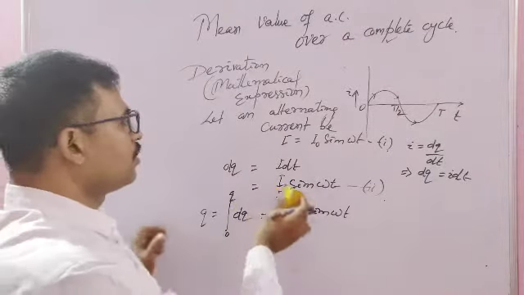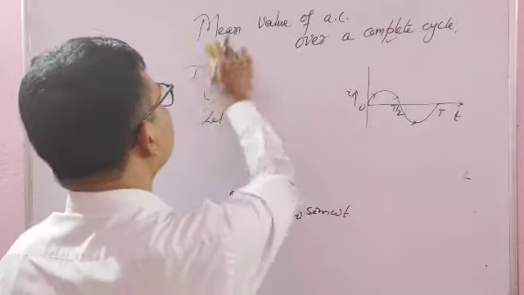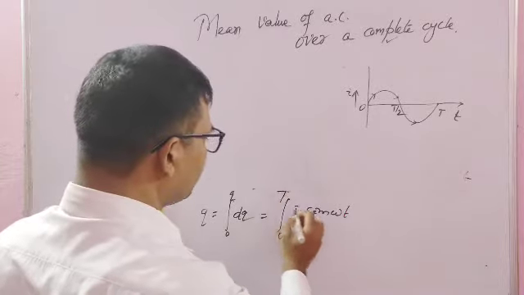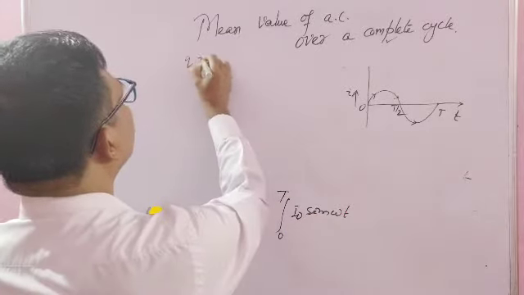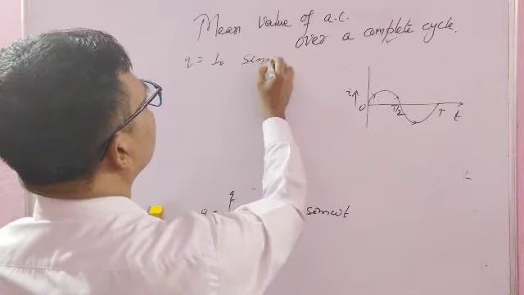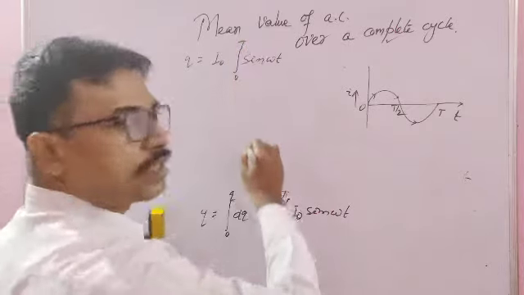I0 is the maximum value, it is the constant term. So q is equal to I0 times the integration of sin omega t dt from 0 to t. Any problem?